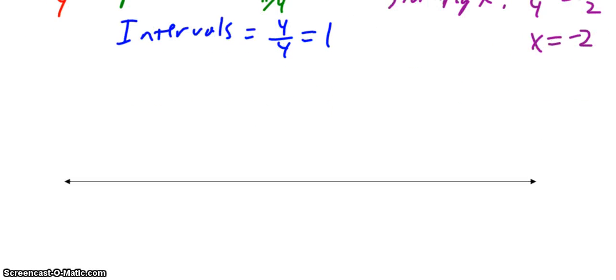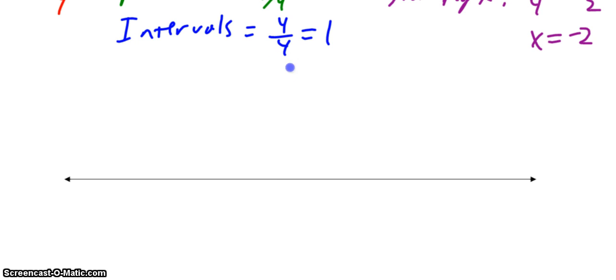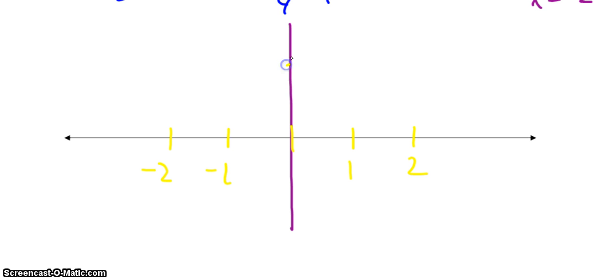So now let's graph. So I have negative 2, negative 1, 0, 1, 2. I'm going to call this 1/4, and this negative 1/4.